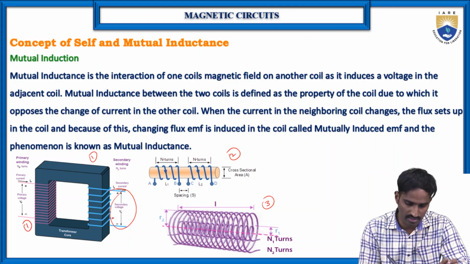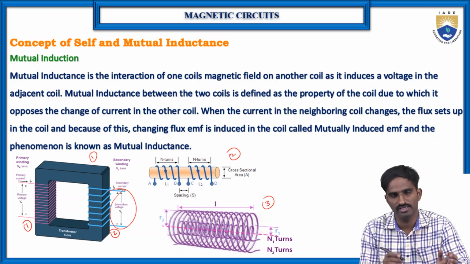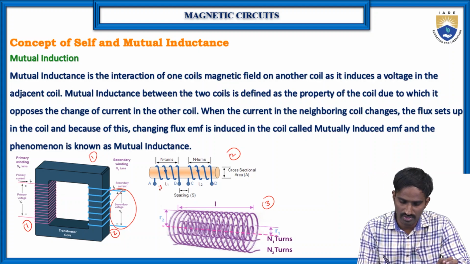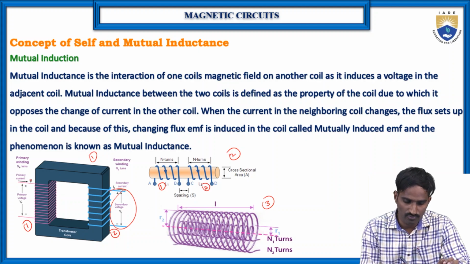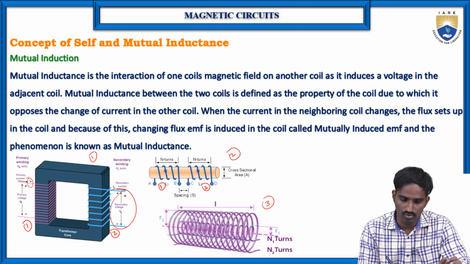As we discussed, here you can see this is the first coil and this is the second coil, or simply the primary and the secondary, coil 1 and coil 2. The current flowing through coil 1 will cause a voltage or EMF across coil 2.